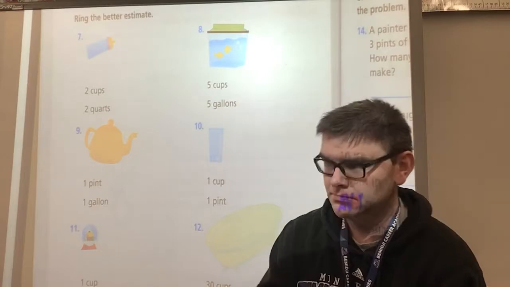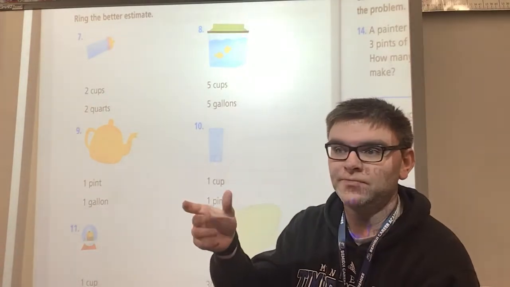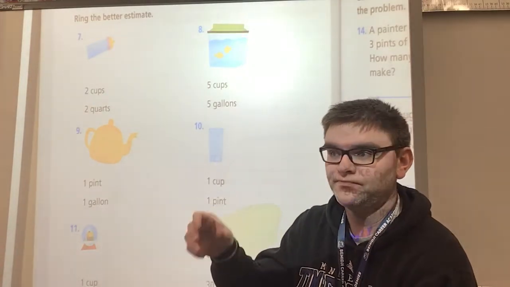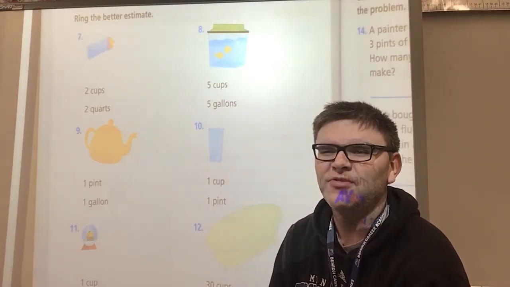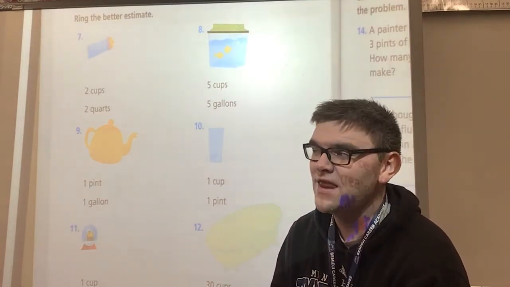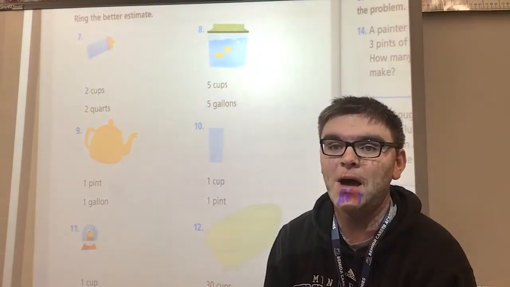And a pint would be a little bit more than a can of soda. If you have a regular bottle of water that you buy from the store, often those are just a tiny bit bigger than a pint. Those are usually like 16.8 ounces. So that's your difference between a cup and a pint.